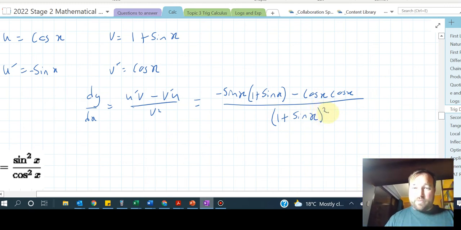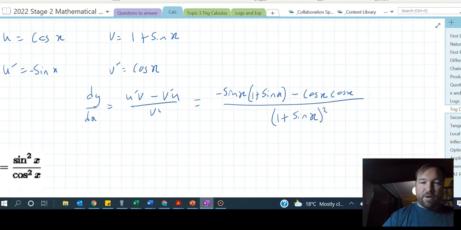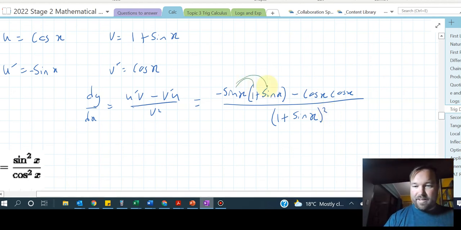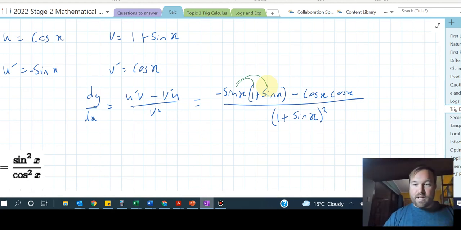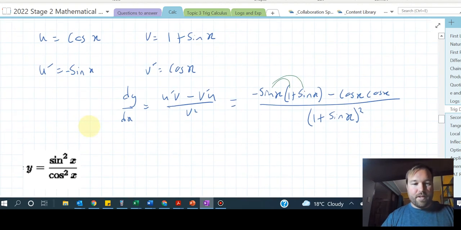Now I'm not going to simplify it, but if I was, I would multiply that in, and I would recognize that on the top, I'm probably going to be able to pull out a 1 somehow because I'll have a sine squared and a cos squared. And that will simplify the top considerably, but we can leave it there.